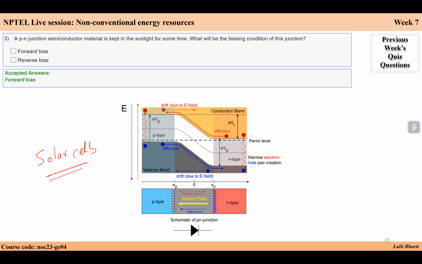So if the solar cell is in sunlight, if you understand the solar cell, it will be in forward bias. So you will have electrons and holes created.